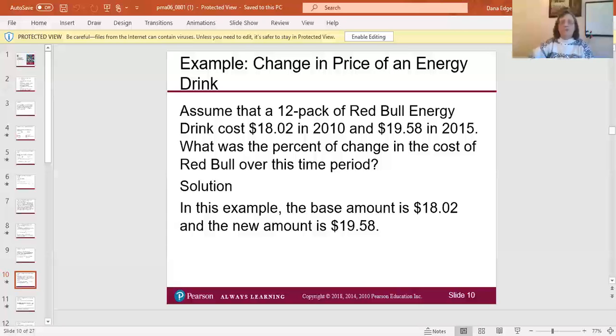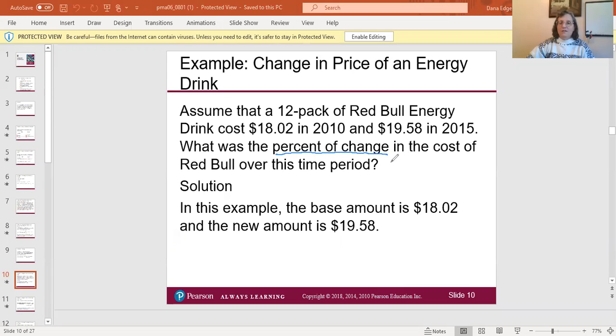Anytime they ever want a percent change, and this is going to be one you're going to use constantly, the percent of change means before we divided the number by the whole. In this case, we're going to divide the change by the original number.